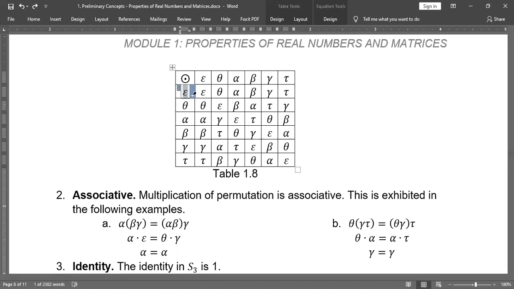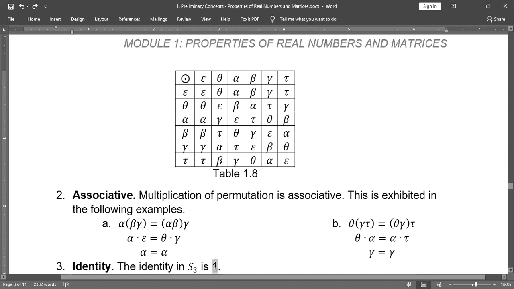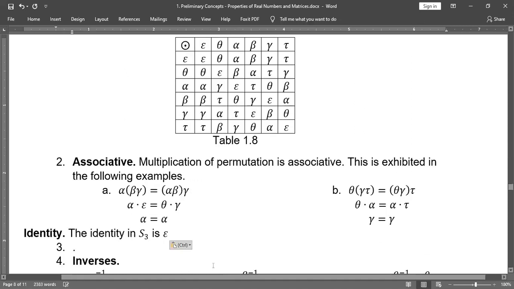Epsilon din, sir. Tingnan natin kung consistent siya. What must be multiplied by theta para bumalik tayo kay theta? Epsilon din, sir. And same goes with alpha, beta, gamma, and tau. So therefore, our identity element is epsilon.